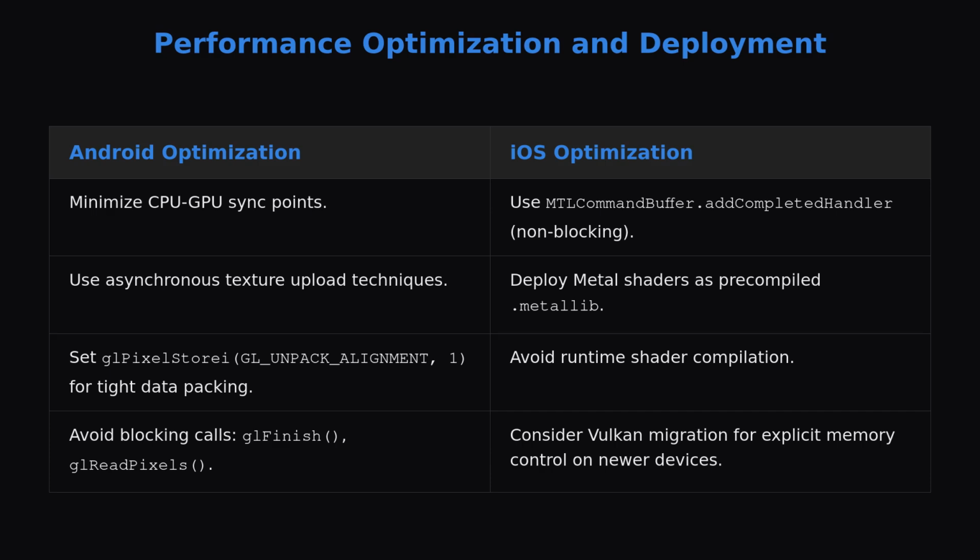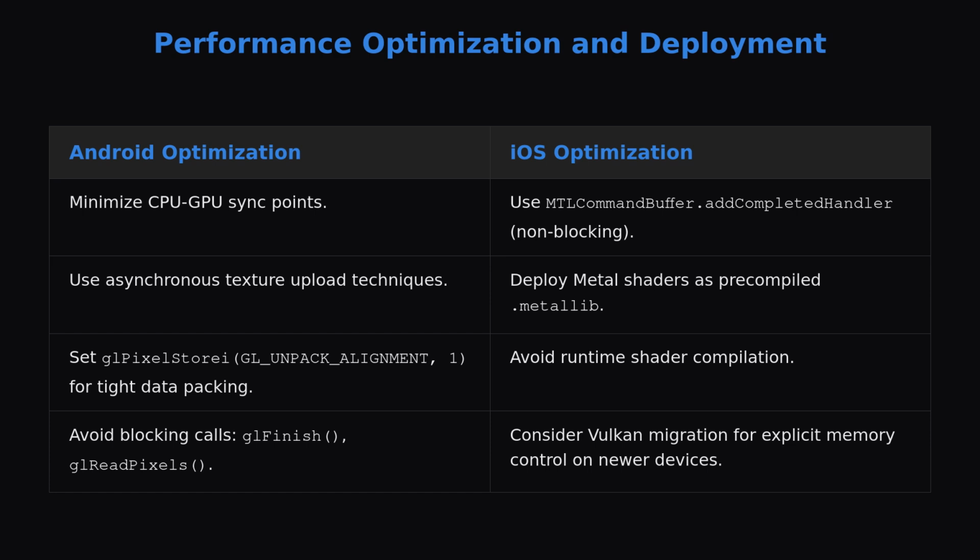To minimize latency in your camera pipeline, reduce CPU-GPU synchronization points. On Android, employ asynchronous texture upload techniques. Ensure GL_UNPACK_ALIGNMENT 1 is set for tightly packed data transfers. Strictly avoid unnecessary blocking calls like glFinish or glReadPixels.